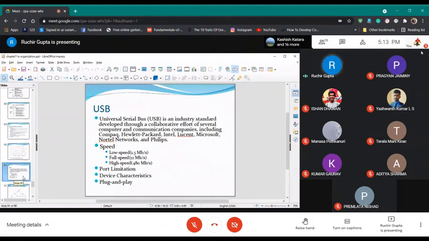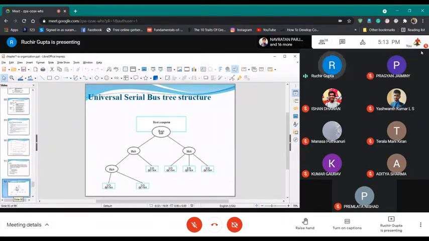Right? Is it okay? Yes, sir. So this is the kind of tree structure that USB uses. There is a host computer, there is a root hub, and then there are multiple hubs.